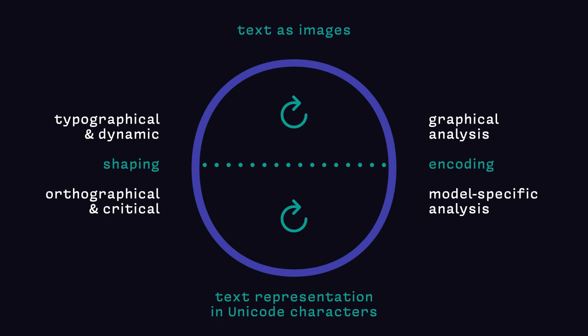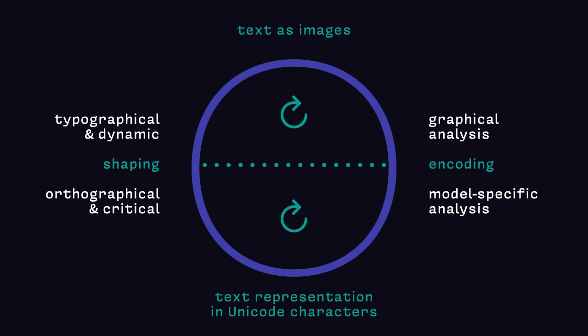So we start from text as images on the top again. We go to encoding. We stop right at graphical analysis. Anything after that is very arbitrary and model specific. And then we go ahead to text representation, and then we go to shaping.